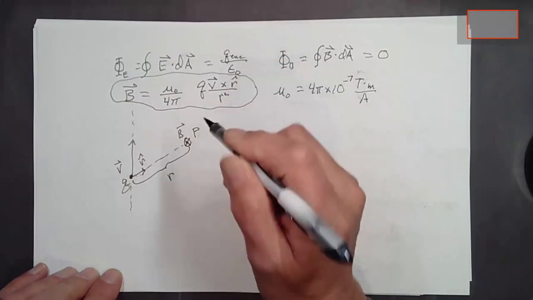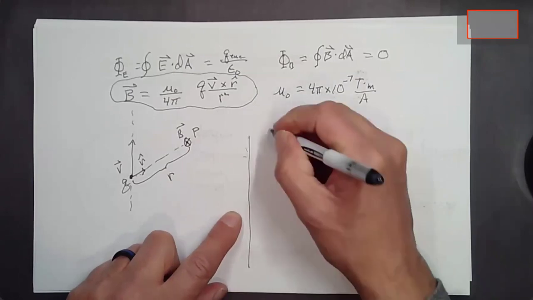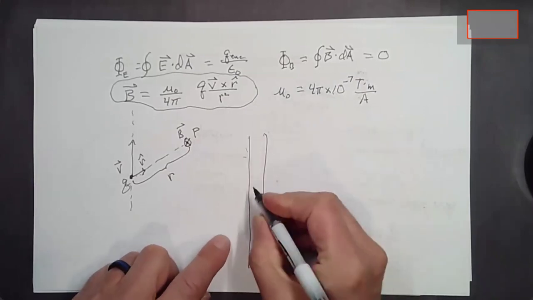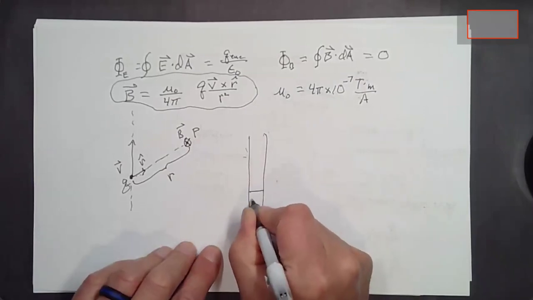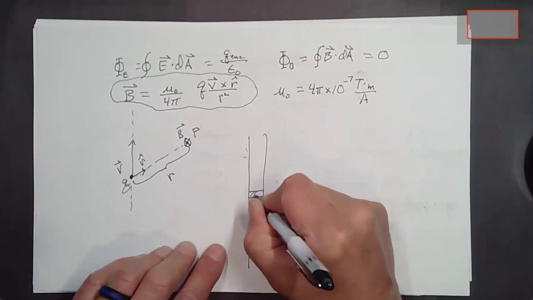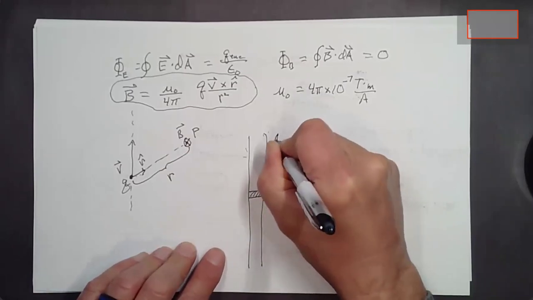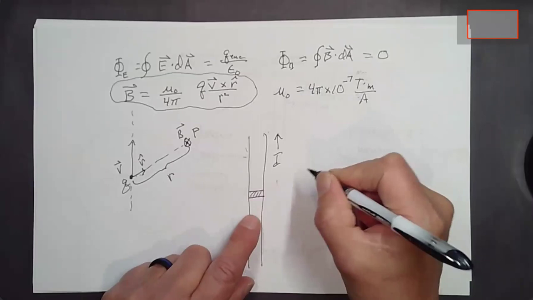When you have an electric current, you've got a whole bunch of charges moving. So let's imagine that we have a wire here, and we'll just suppose that this is the chunk of wire we're interested in, and it's got a current that's flowing in that direction.